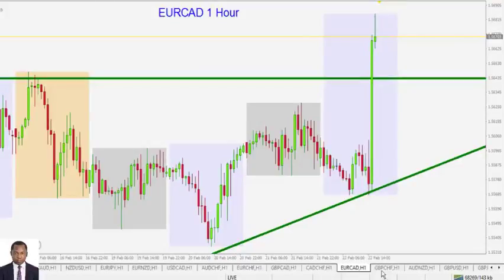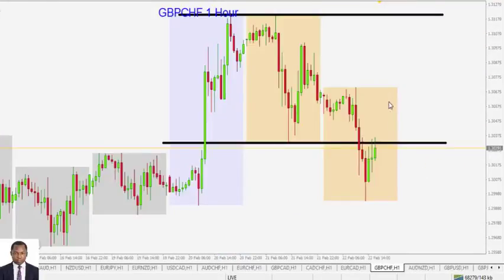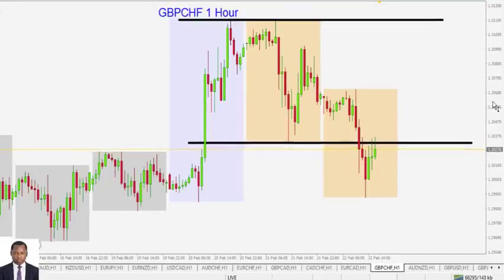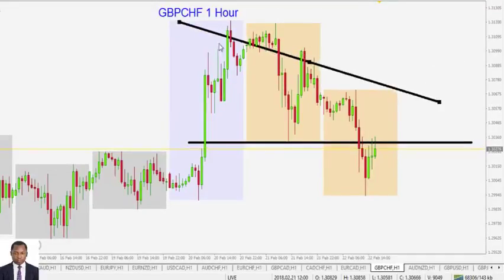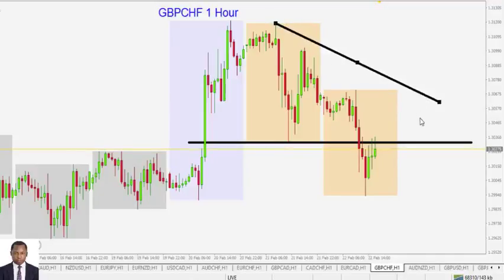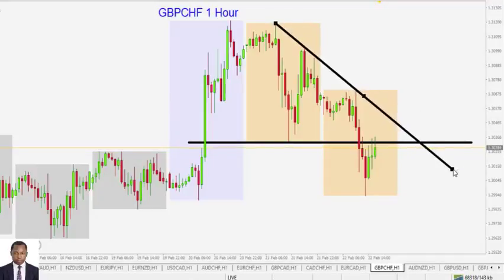Alright, sterling pounds against the Swiss franc. We will not trade market flow here. Why won't we trade the market flow here? Well, before you trade the market flow, it depends on the type of setup, whether you are trading a breakout from congested area, intra-week trend, reversal move, or continuation move.